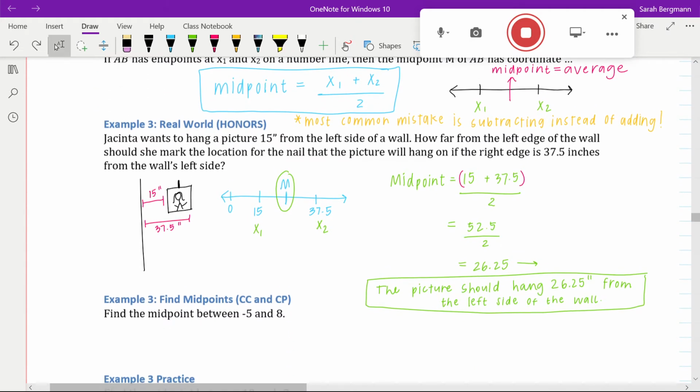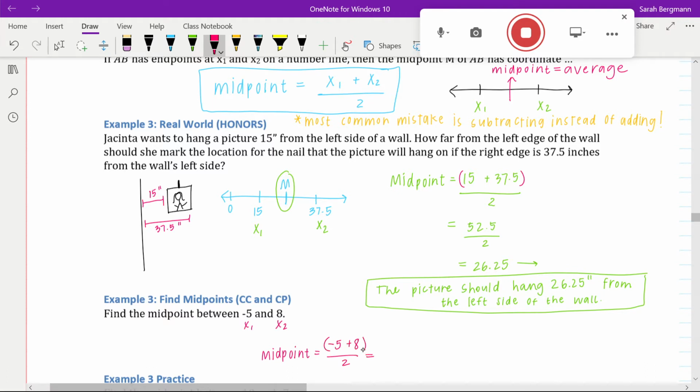Let's try another problem. This one is a little bit simpler. So this one is example 3. It says find the midpoint between -5 and 8. So we can let x1 be -5 and x2 be 8. And we'll just use the formula. Basically, we're averaging. So we get the midpoint is equal to -5 plus 8 divided by 2.